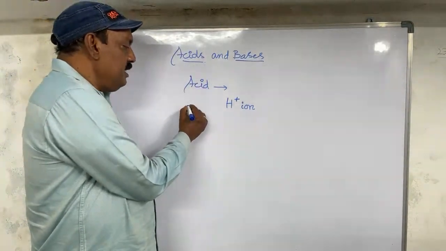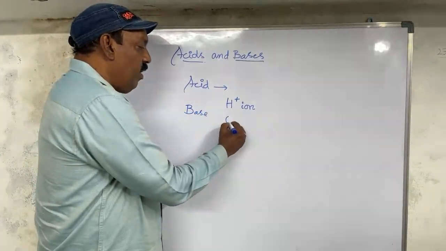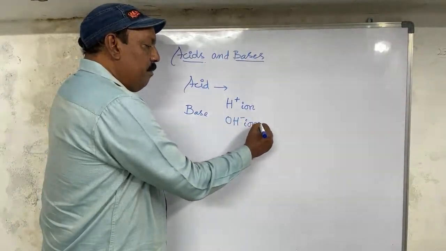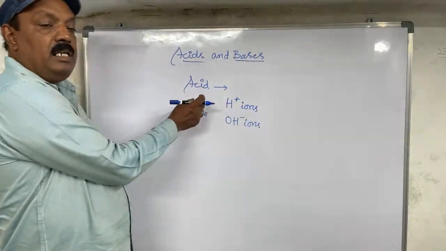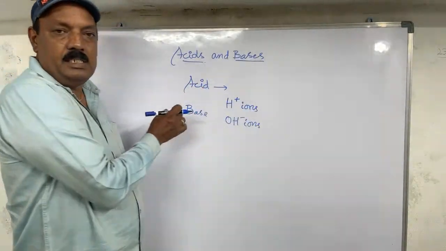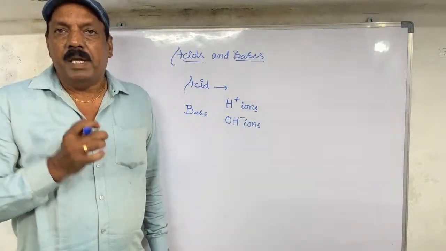And a substance which releases hydroxyl ions, OH minus ions, we call a base. If it is releasing hydrogen ions, that is an acid. If it is releasing hydroxyl ions, that is a base. So this is the difference between acid and base.